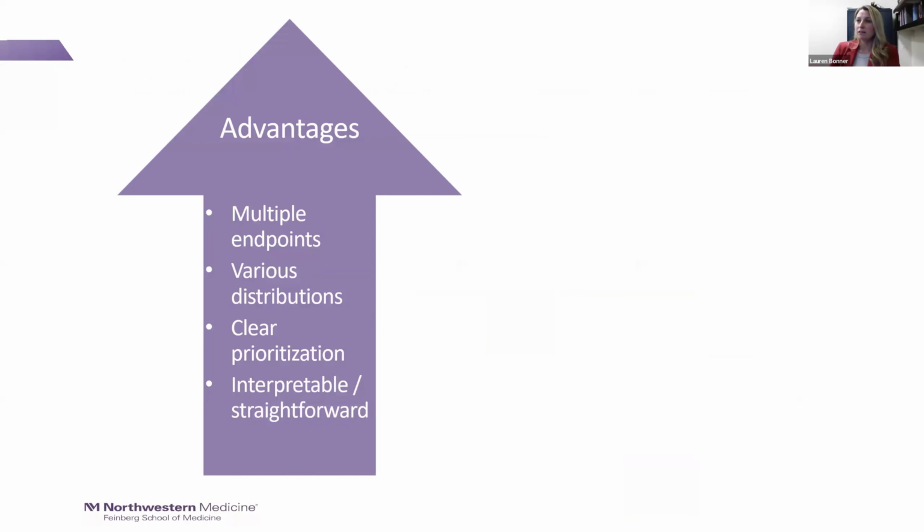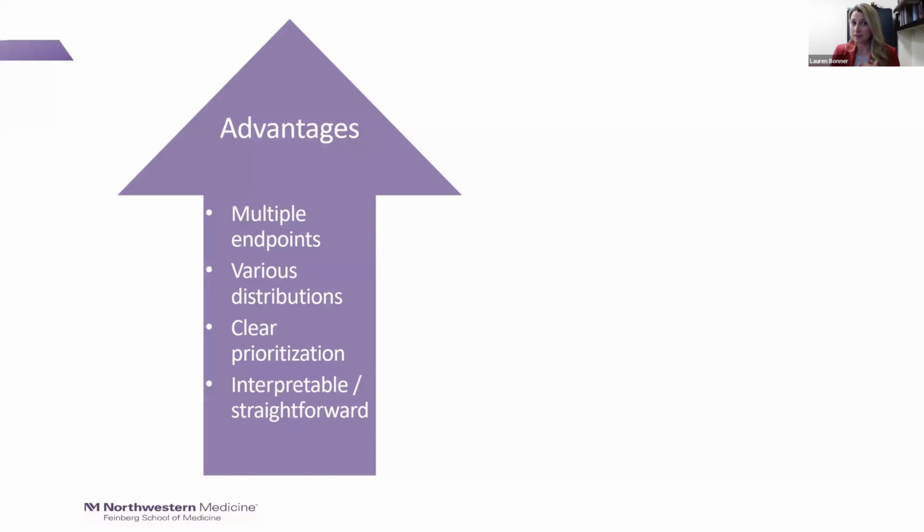So I've highlighted a lot of the advantages. You can incorporate multiple endpoints into a single analysis. It allows for various distributions, so you don't have to just have binary endpoints. You can have time to event, you can have continuous outcomes. You can incorporate margins on those continuous outcomes or not, really whatever makes sense from your clinical perspective.